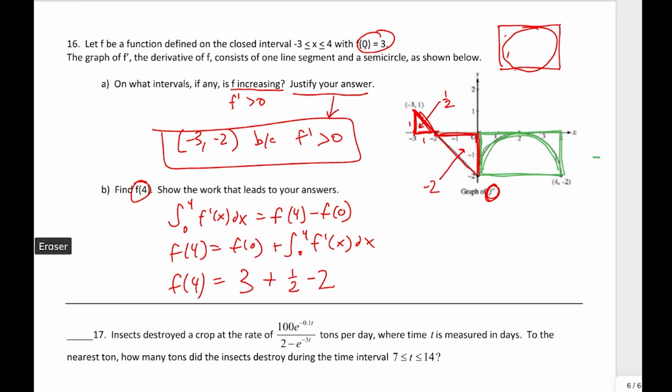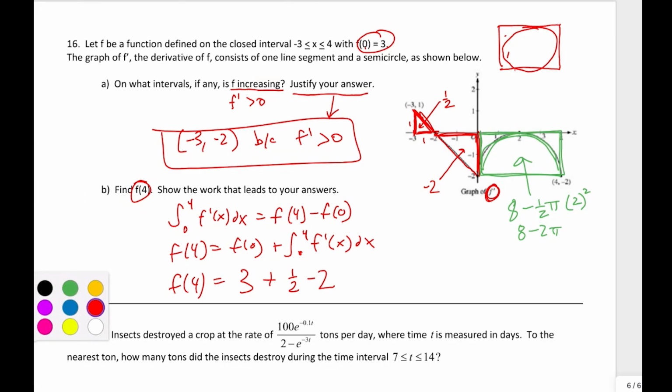So this is going to be 8 minus half of pi r squared, where the radius is 2. So 2 squared is 4, divided by 2 is 2, so it'd be 8 minus 2 pi. Since that area is below the x-axis, we're going to subtract that whole expression. So minus (8 minus 2 pi).